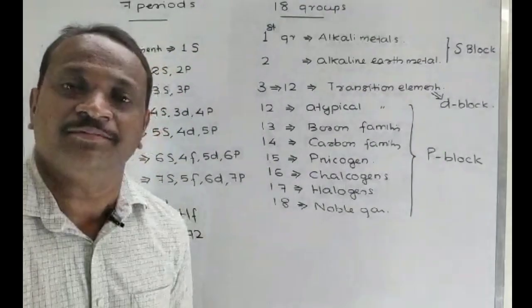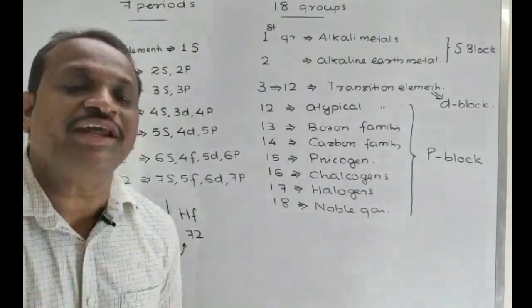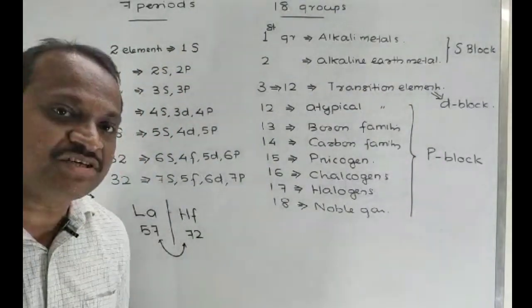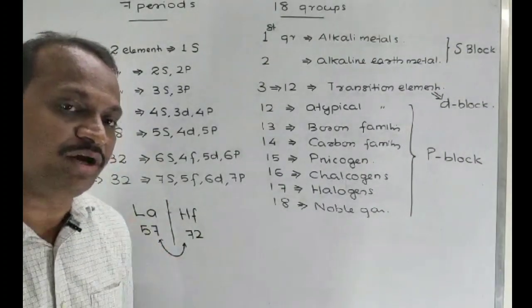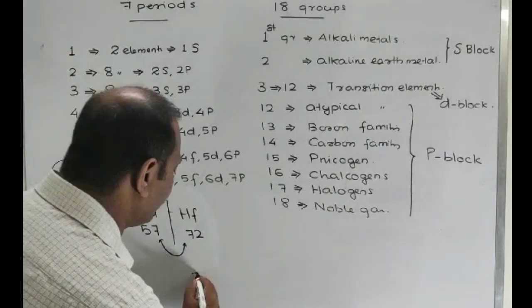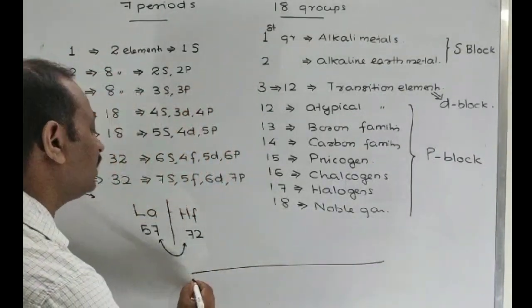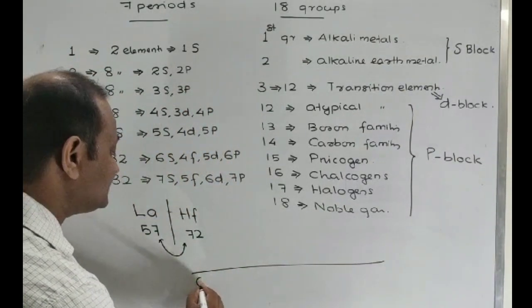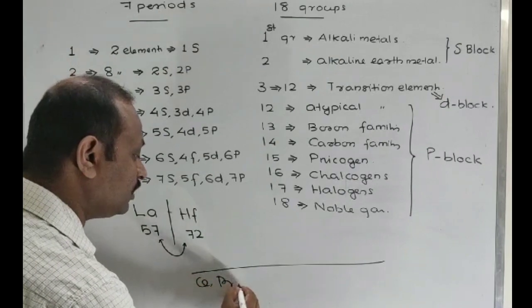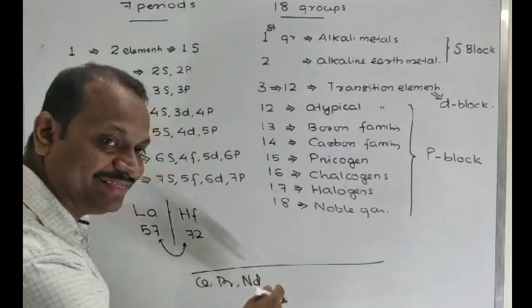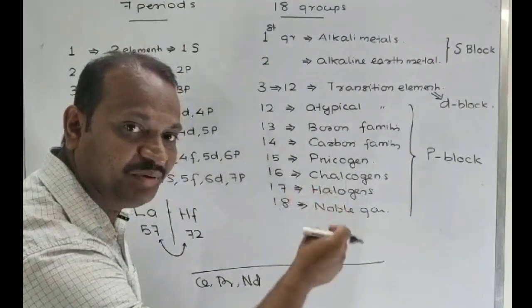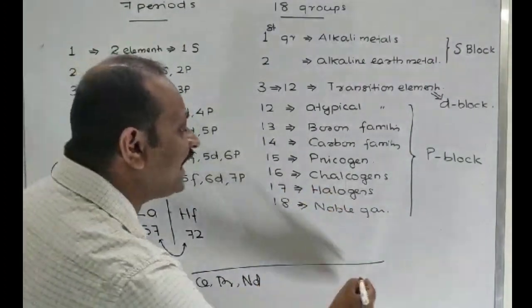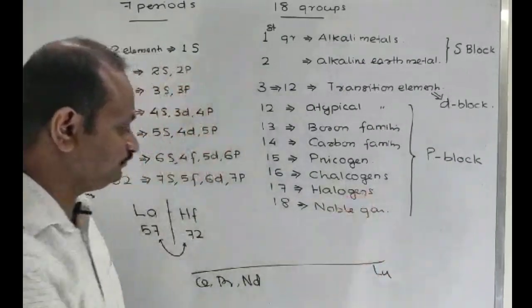14 elements are missing. Those 14 elements we have kept at the bottom of the periodic table to limit the size of the periodic table. You can see that it starts with lanthanum, cerium, praseodymium, neodymium, promethium, samarium, europium, gadolinium, terbium, dysprosium, and in that way it goes up to lutetium.